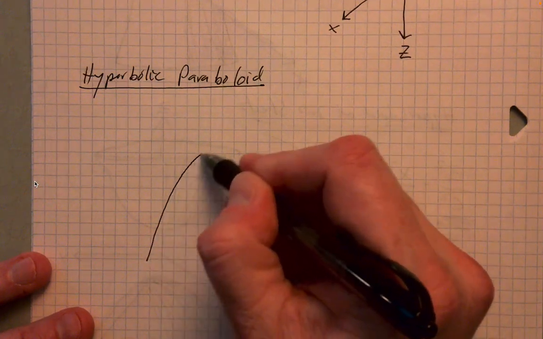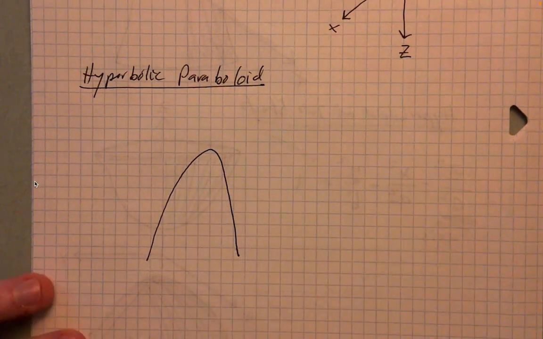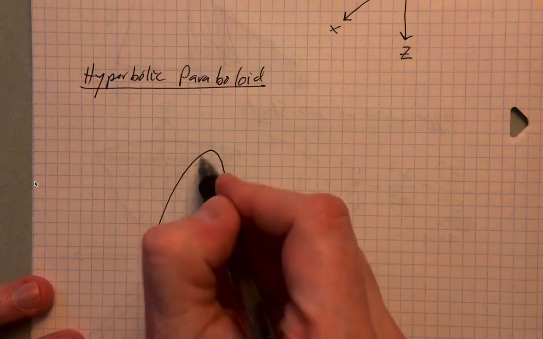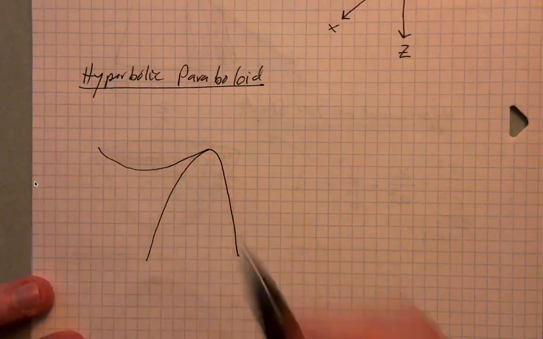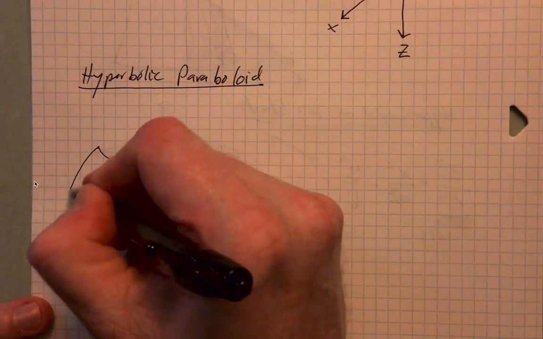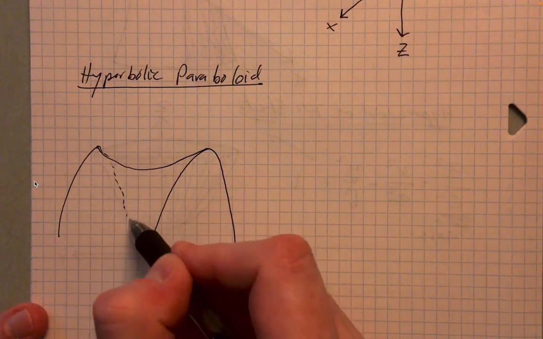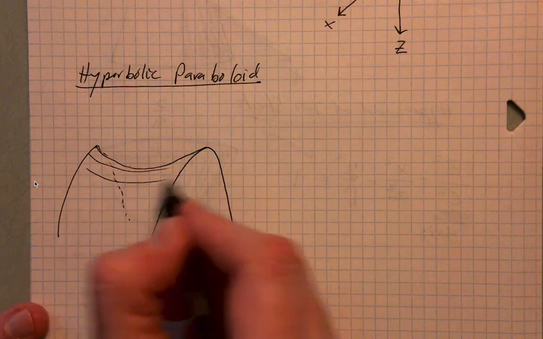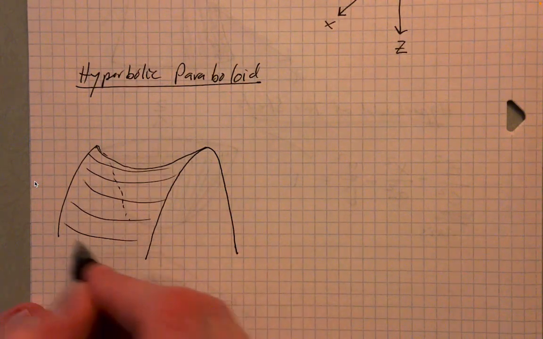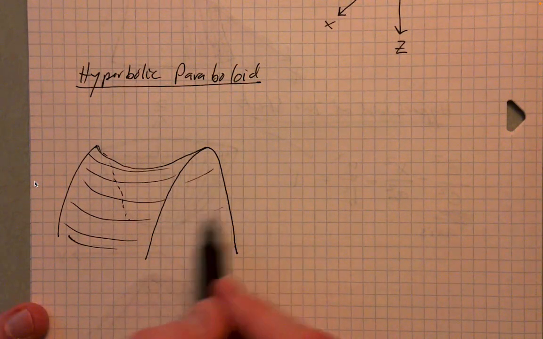So you've got some kind of a curve like this, and then you've got kind of a saddle situation like this, and then the same thing on the back side. So you can kind of see there's like this curvature here, and then of course on the back side as well.